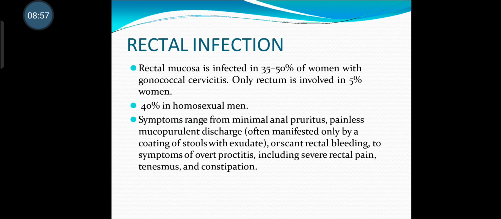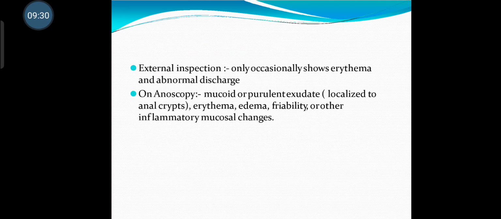Symptoms range from minimum anal pruritus, painless mucopurulent discharge, or scant rectal bleeding, to proctitis including rectal pain, tenesmus and constipation. So all these are conditions associated with pain and inflammation in the rectum.